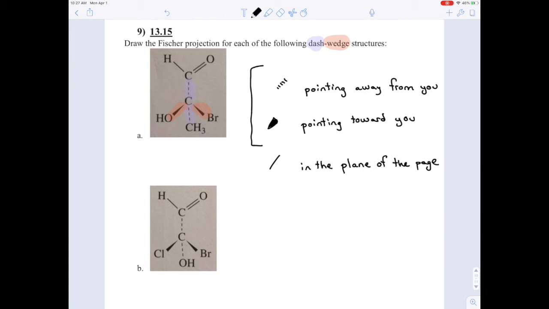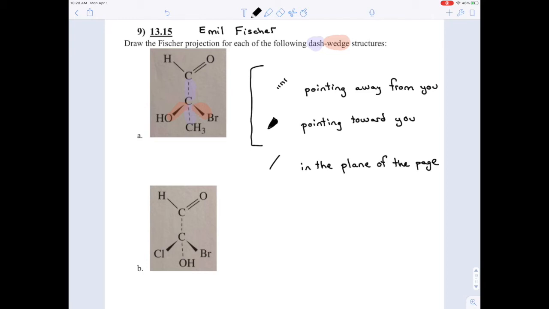Now, if you were to draw out these structures, you would see that it would take a lot of time. And if you're a chemist working with structures that have a lot of chiral carbons, then you would be doing this for a significant part of your day. Emil Fischer was a chemist who did a whole bunch of things, but one thing he did was work with a lot of carbohydrates and a lot of sugars.